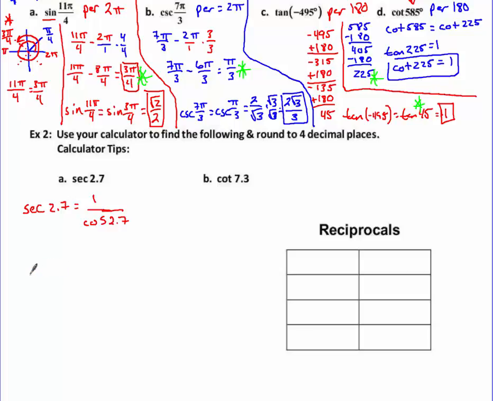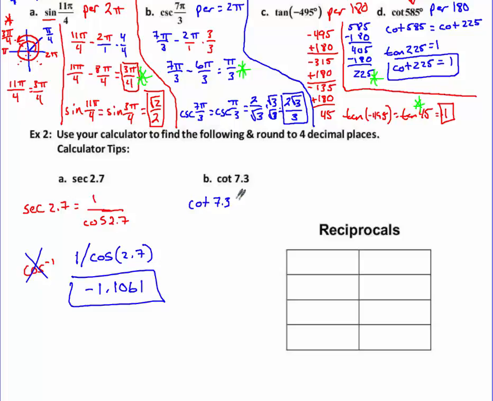But the tendency in the calculator is going to be to do this. Okay, that's not the same thing. In the calculator, you need to do 1 slash cosine 2.7 and hit enter. Then you'll get negative 1.1061.